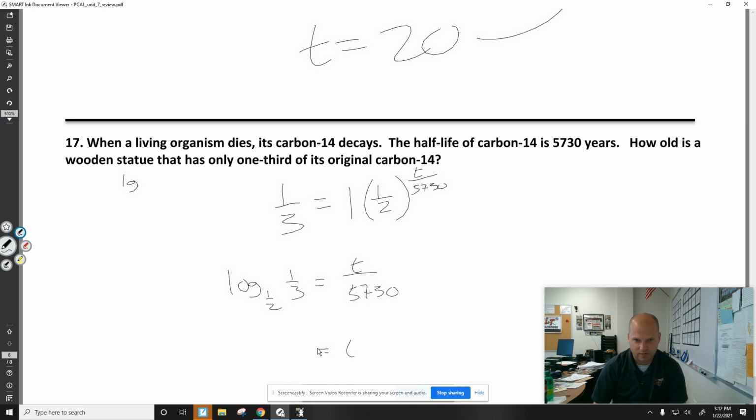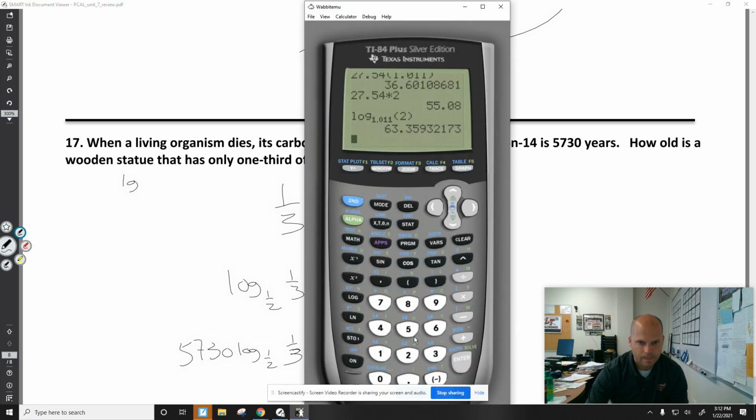Multiply both sides by 5730, and there's my answer. 5730 log base 1/2 of a third. Don't type in 0.333. Type in 1/3. 9,081 years.